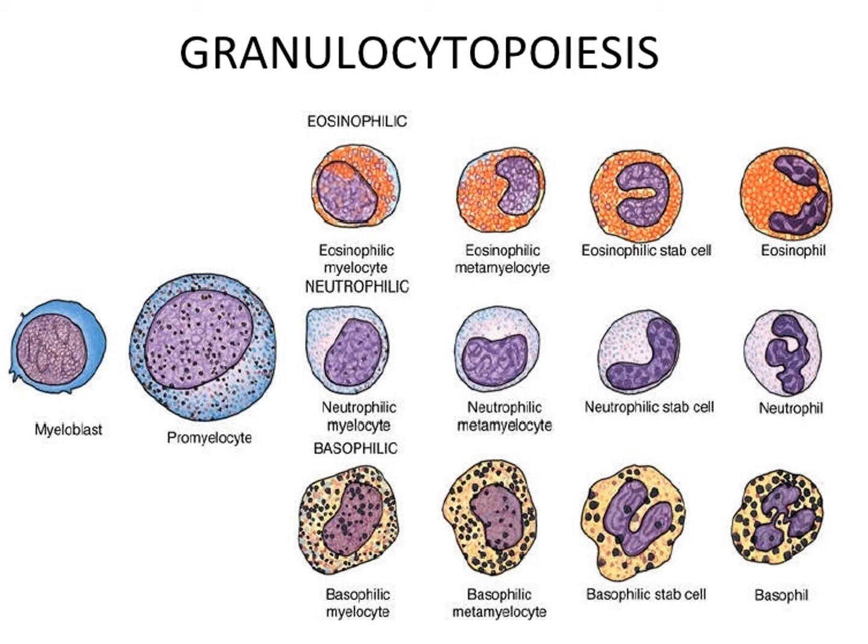Similarly, neutrophilic myelocytes, neutrophil metamyelocytes, neutrophilic stab cells and the neutrophils. And basophilic myelocytes, basophilic metamyelocytes, basophil stab cells and basophils. So it is clear that the first is the myeloblast, and after the promyelocytes it is converted into three types of granulocytes, that is eosinophilic, neutrophilic and basophilic myelocytes.